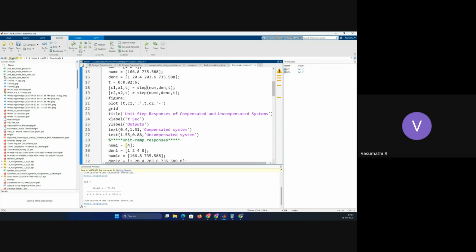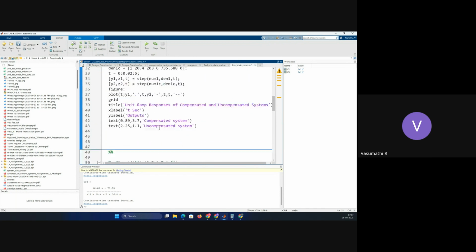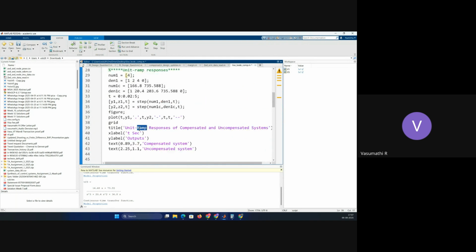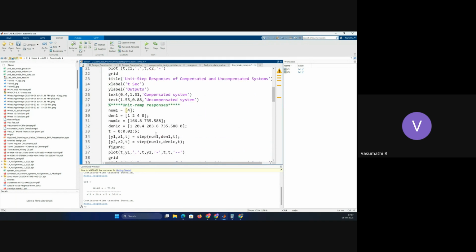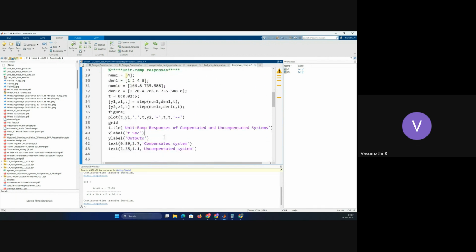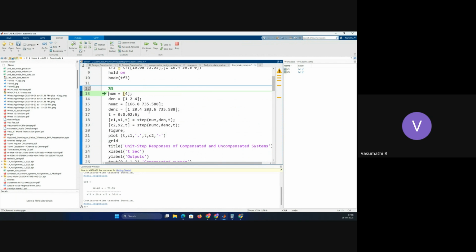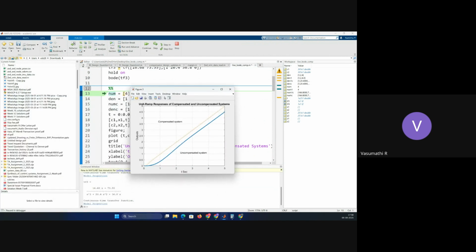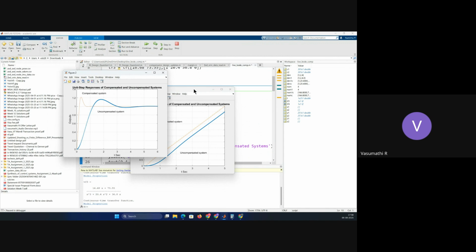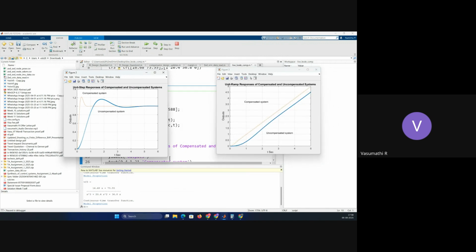So I'm plotting the unit step response of the system first, and then I'm doing the unit ramp response also for the same system. We'll just see what we are getting for this. These are the two things you are getting.